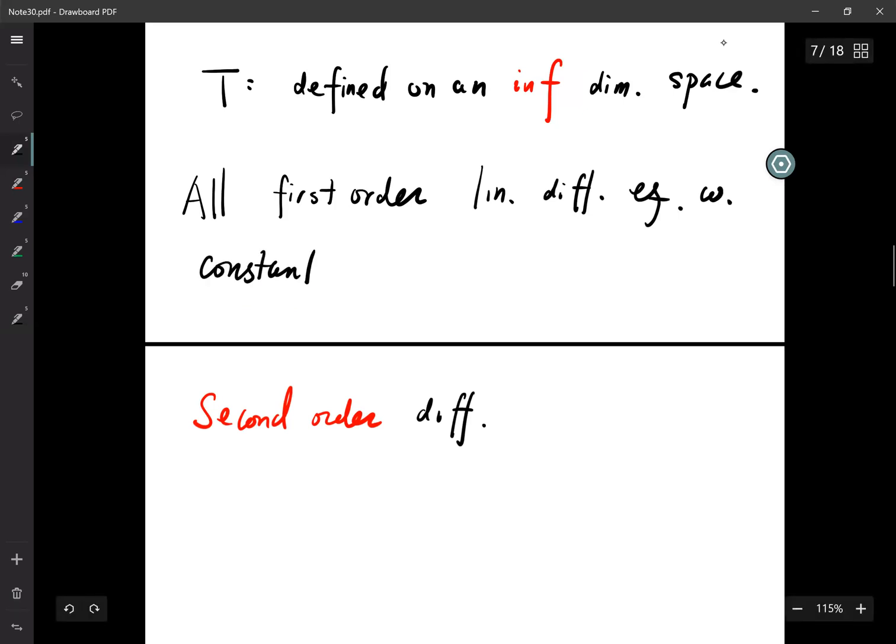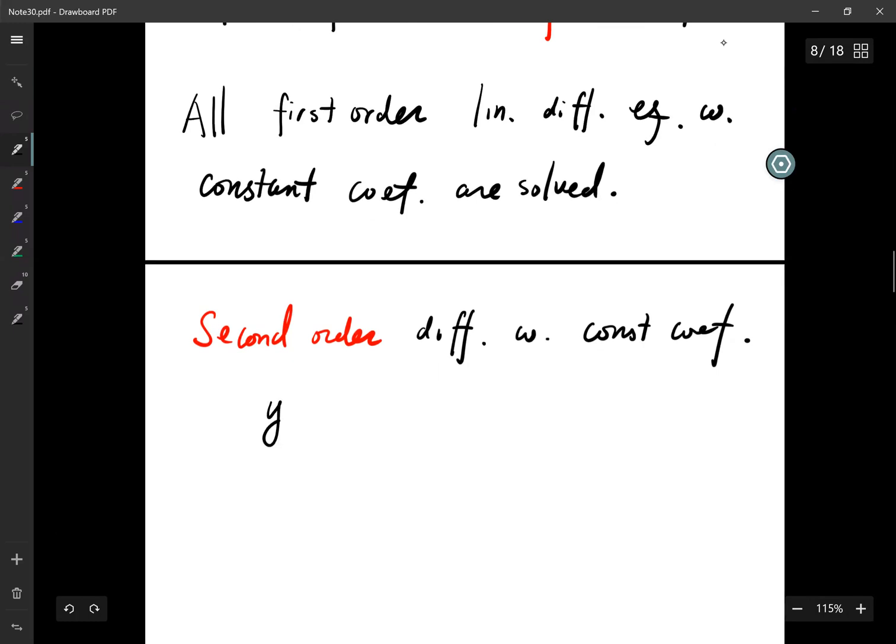So we really look at the second order differential equation with constant coefficients, which means a differential equation of this form.